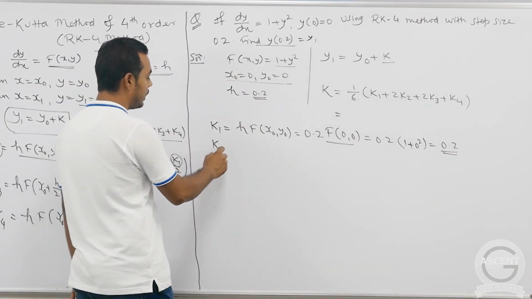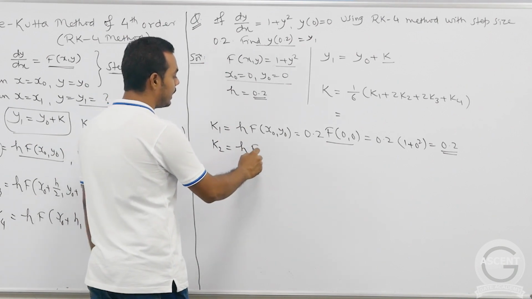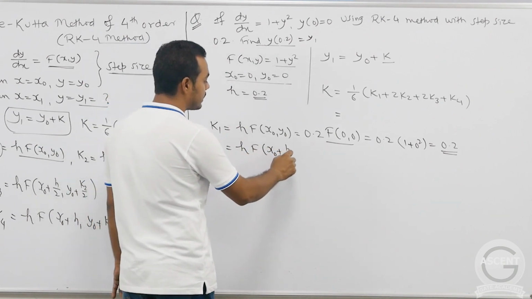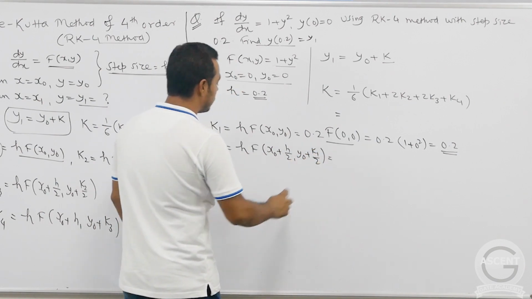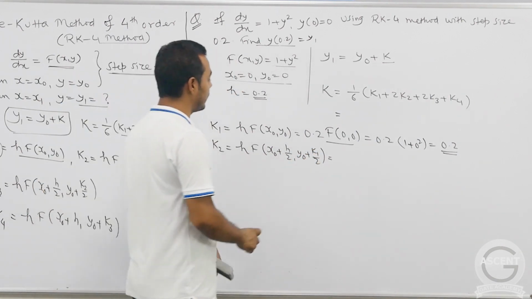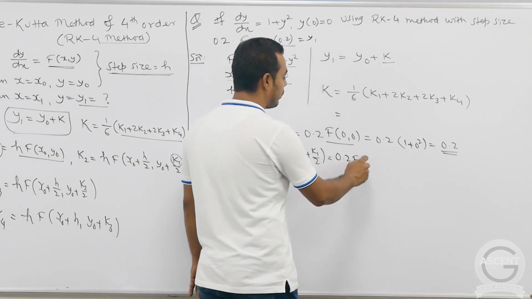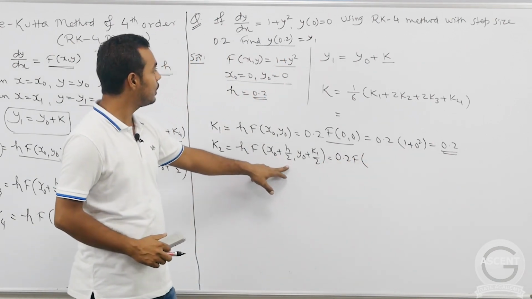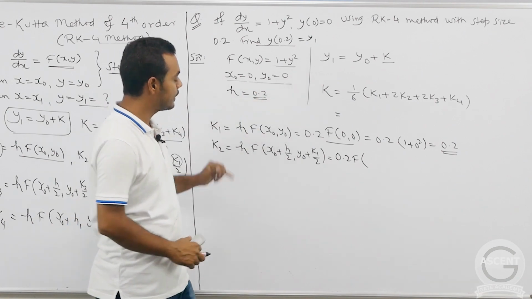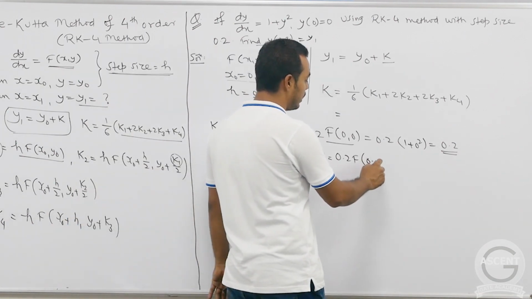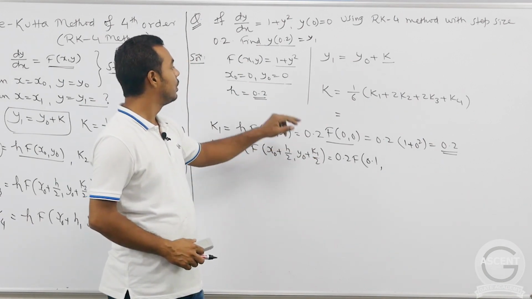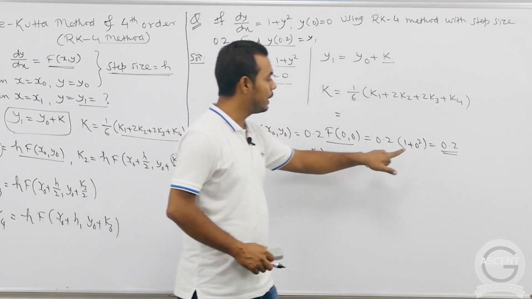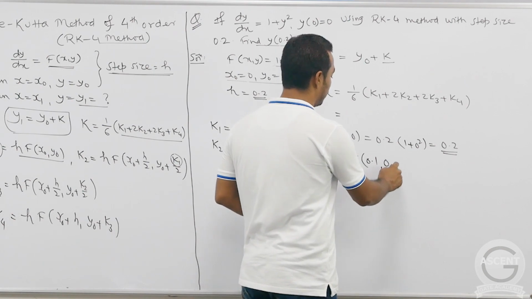Now we need to calculate k2. So k2 will be h into f of x0 plus h by 2, y0 plus k1 by 2. The value of h is 0.2. In x0 plus h by 2, x0 is 0, h is 0.2, so we'll get 0.1 here. And y0 plus k1 by 2, y0 is 0 and k1 is 0.2, so this will be 0.1.